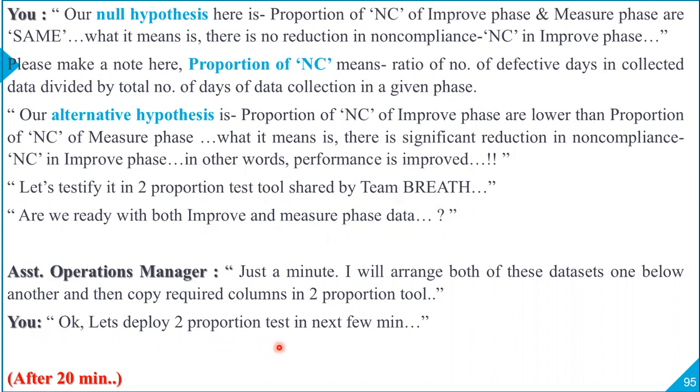So over the next 10, 15, 20 minutes, the team combined the data, selected the required columns and pasted them into Team Break's two proportion tool, and they got the results. They got a p-value, and of course they had the inference and conclusions. So let's see what they did and what inference and conclusions they have. After 20 minutes.